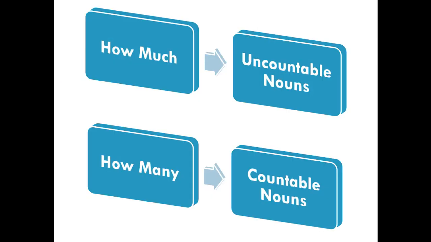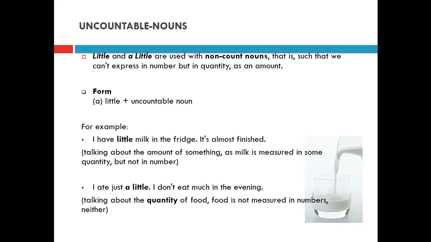Okay, how much is with uncountable nouns. How many is with countable nouns. Okay, again, we've just mentioned and discussed some and any. Some and any can go with countable and also uncountable nouns.